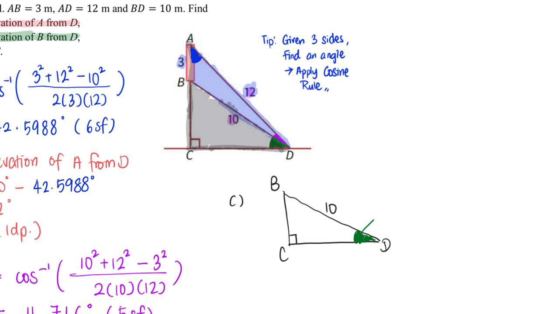which is 35.6852 degrees. With respect to this angle BDC, this will be my hypotenuse, this will be my opposite. Since we are dealing with a right angle triangle, with O and H, yes, we are going to use sine ratio.